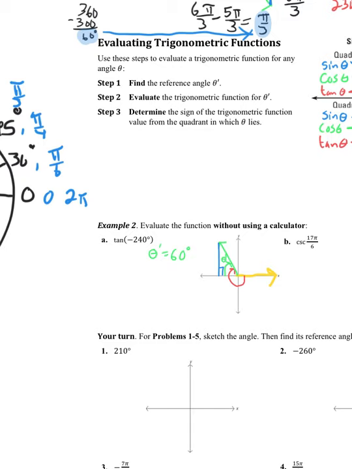The next thing I need to do is figure out what is tangent of 60 degrees. Because that's what I'm thinking of right now. And tangent is going to be my positive y value over, in this case, my negative x value.